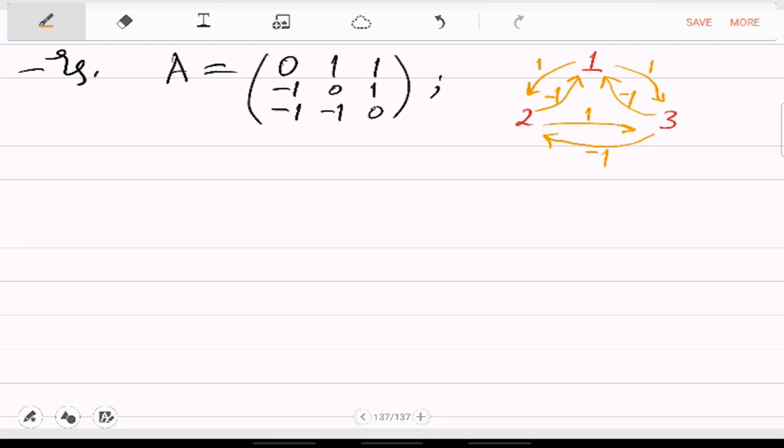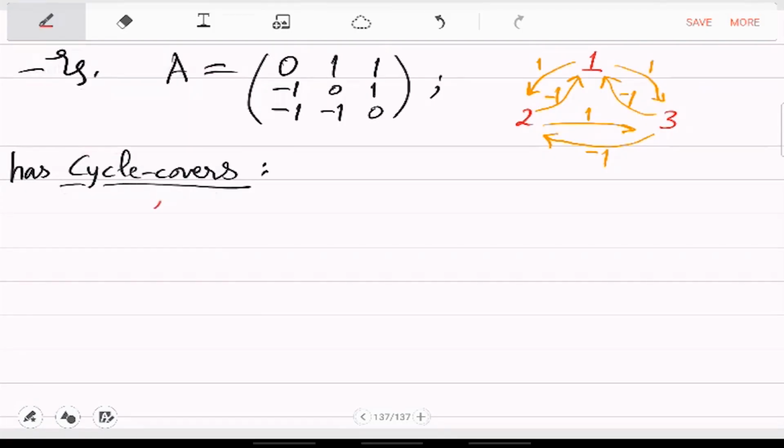Let's now list the cycle covers. How many cycle covers are there? Since you don't see any self loops, you have to use 3 edges. You can go clockwise or anti-clockwise, so there are 2 cycle covers.